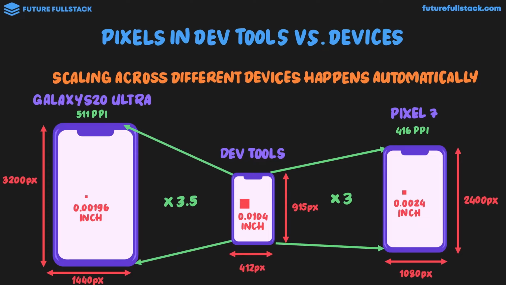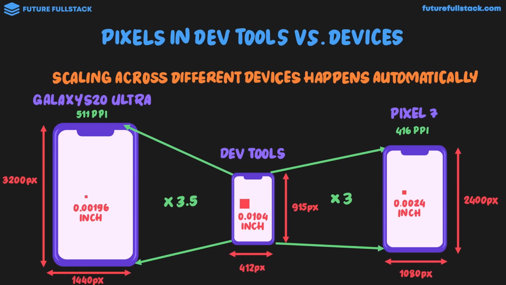Now, the reason why in DevTools the CSS pixels of the two devices were the same is because it just so happens to work out that if you divide each physical pixel dimension by the DPR, you get the same CSS pixel. So for example, if I divide the height of the Galaxy by its DPR, it would be 3,200 pixels divided by 3.5, which would be around 915 CSS pixels.